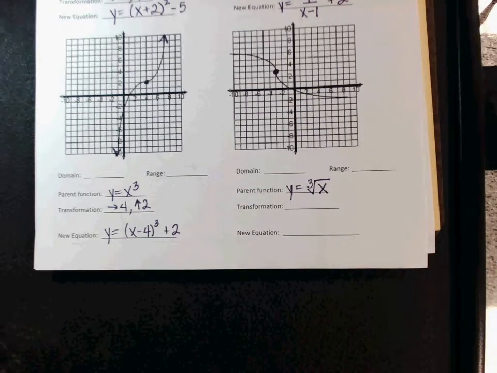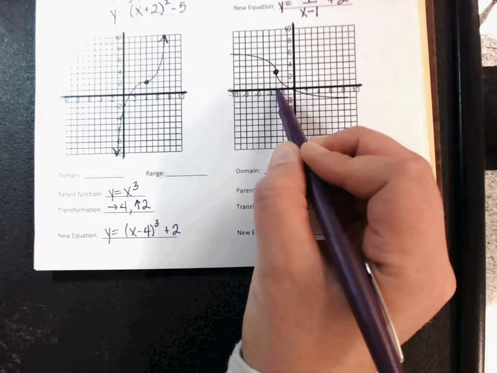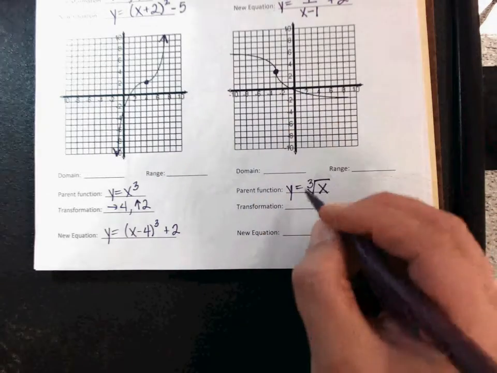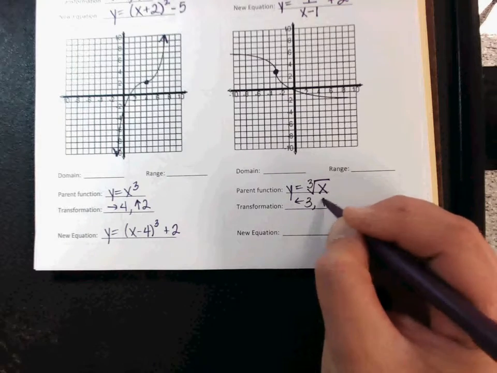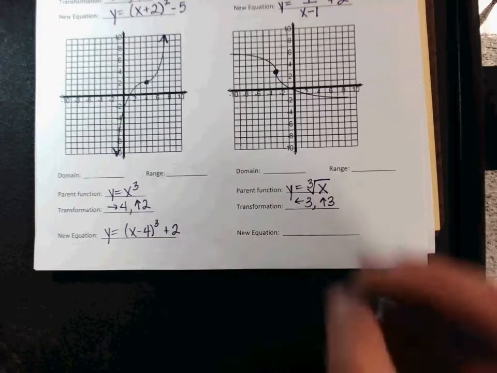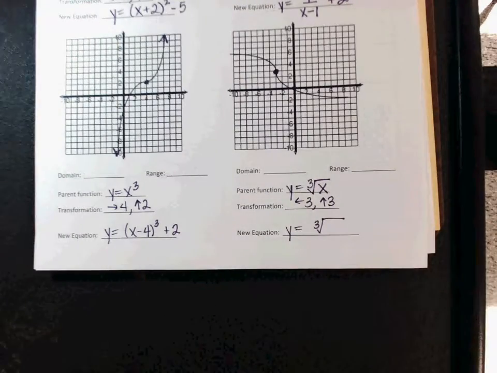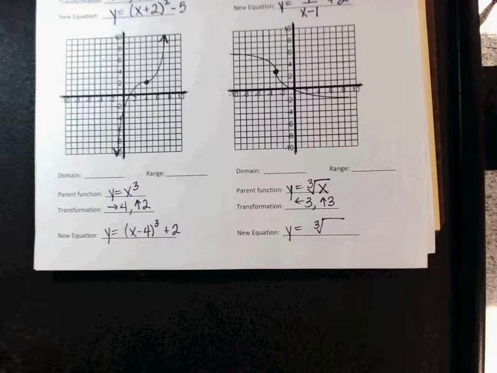Okay, last one. Okay, look at it. How's it shifted? Backwards, how many? 3 and up 3. So to the left 3, up 3. Okay, new equation, y equals the cubic root of. What is going to go with x if I want to go to the left 3? Change the sign.